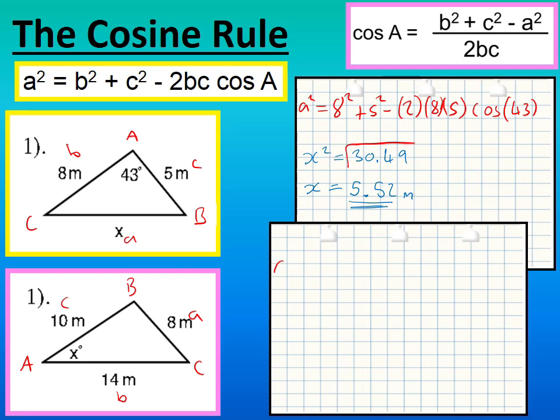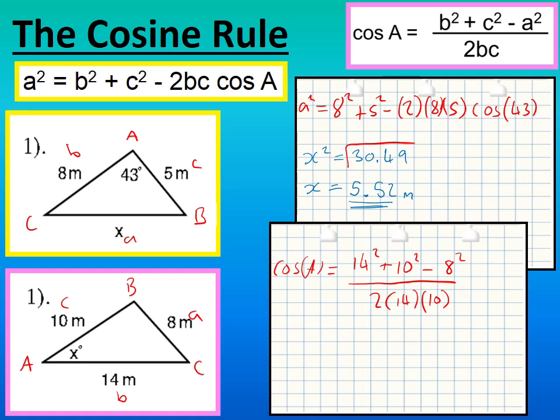And then into our formula, cos A equals b squared, which is 14 squared, plus c squared, 10 squared, minus 8 squared, all over 2 lots of b and c.